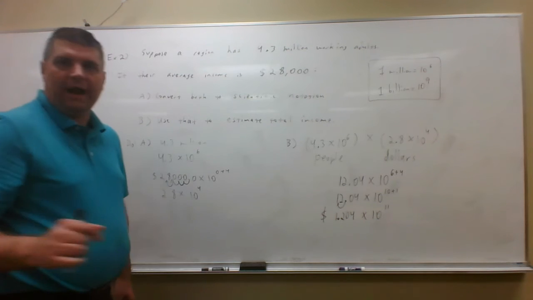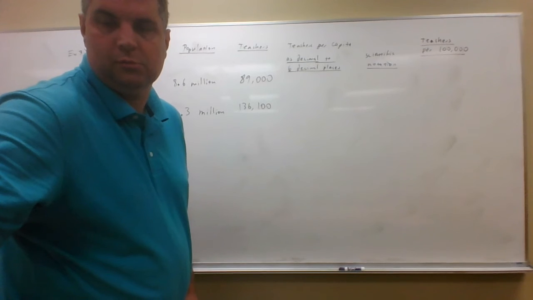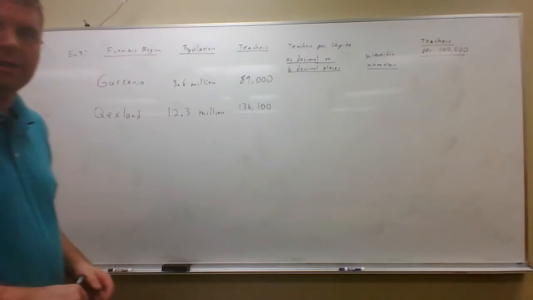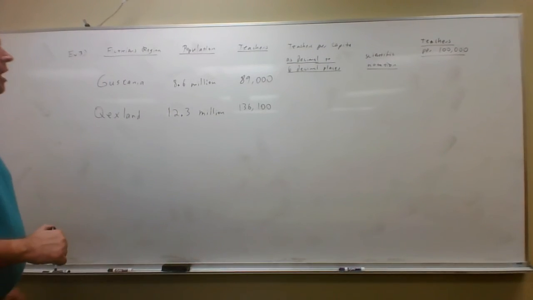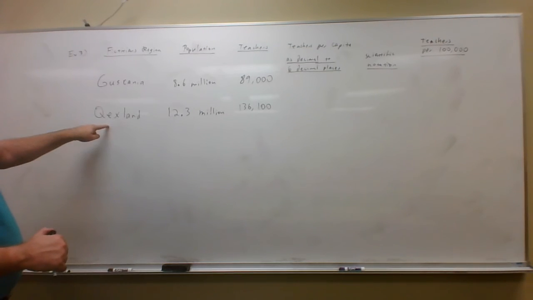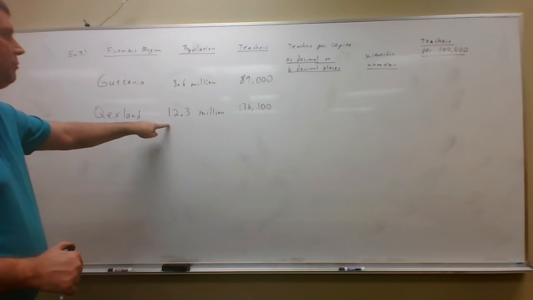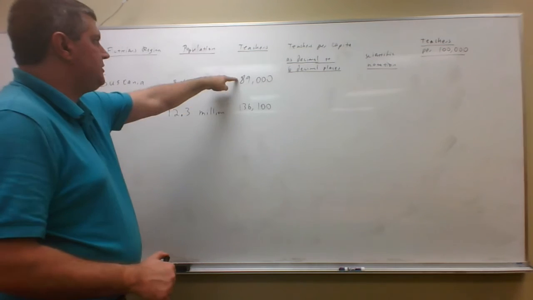All right, I'm going to pause here and put up another example. Up here, I have fictitious regions, Gascania and Queensland. Here are their fictitious populations, 8.6 million and 12.3 million. Here are their numbers of teachers.